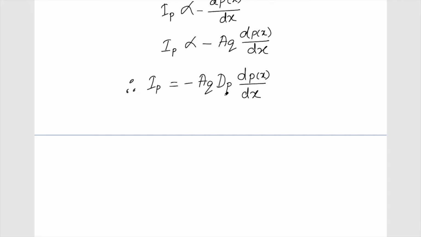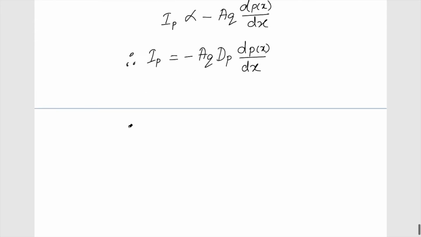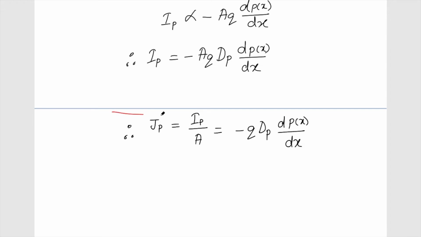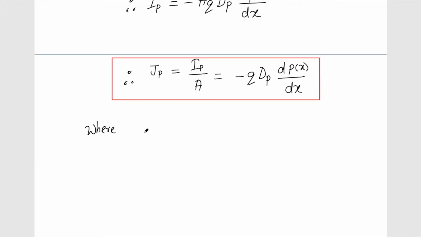Again, just like the drift current, we want to make it independent of the area, so Ip by A, which is Jp, is equal to minus Q Dp dp(x) by dx, where Jp is the diffusion current density.